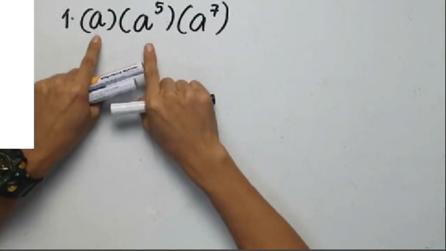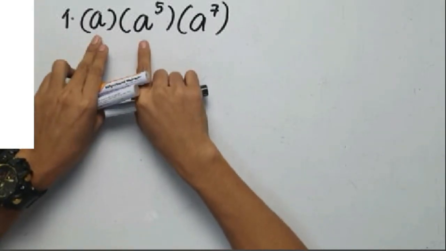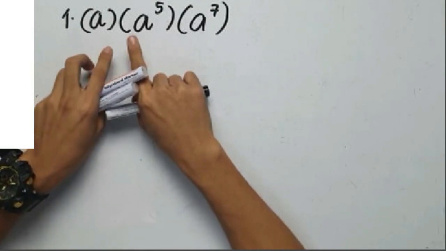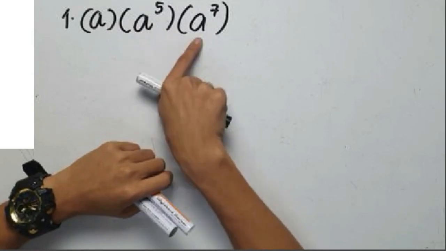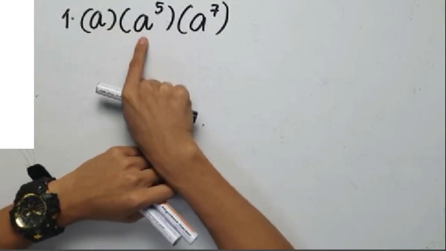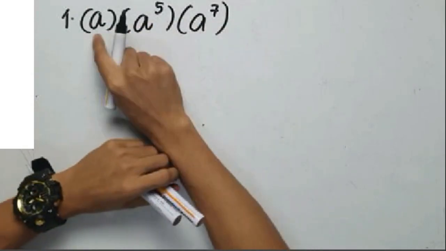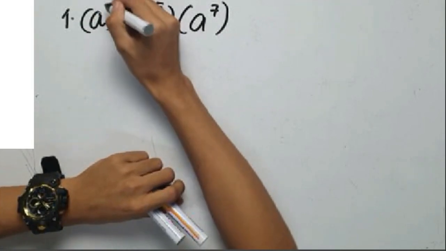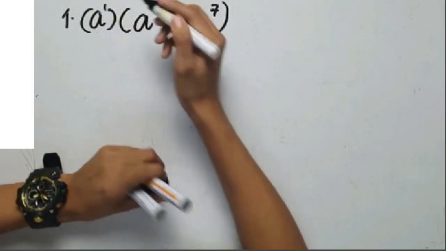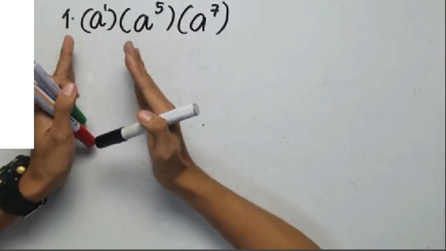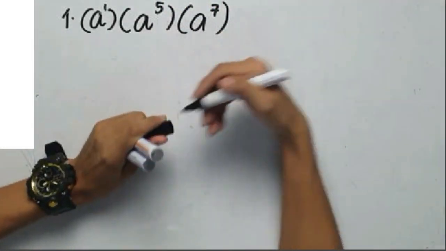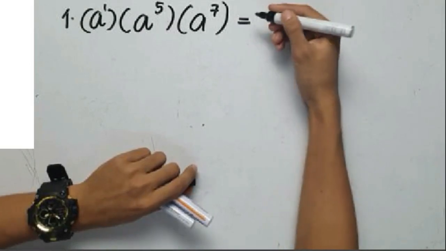As we can inspect, kapag nagmo-multiply daw tayo, from the first law of exponent, dapat pare-parehas daw sila ng base. So pare-parehas ba sila ng base? Yes. So this one, yung pinakaunang term ay meron tayong invisible na 1 dito. So according to the first rule, kapag nakakita tayo ng pinagmumultiply na parehas na bases, we will just add their exponent.